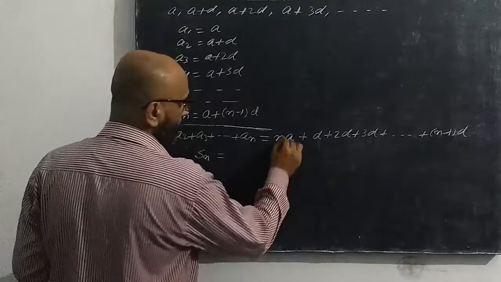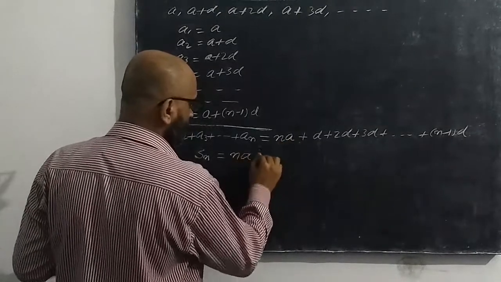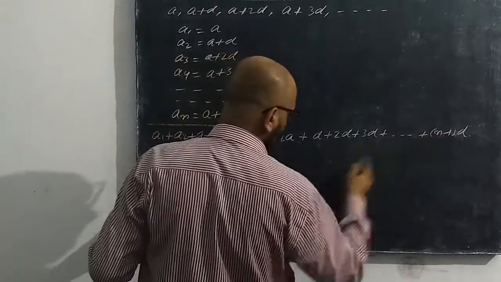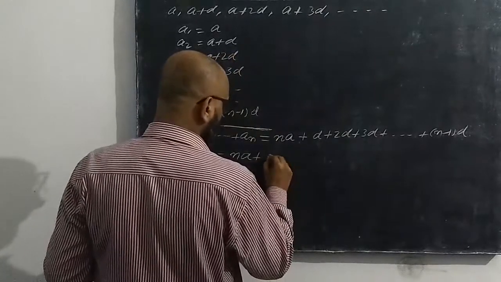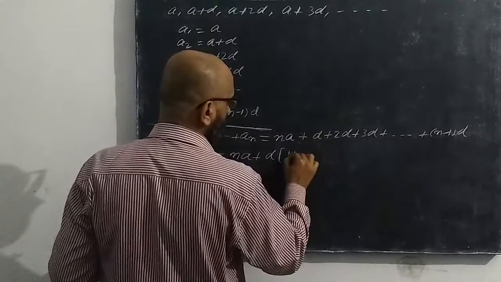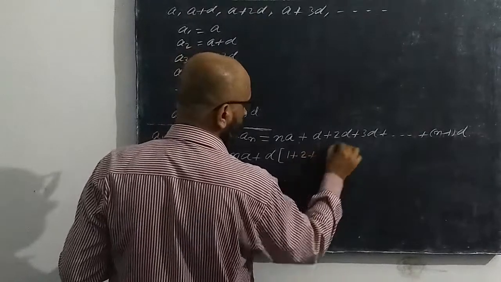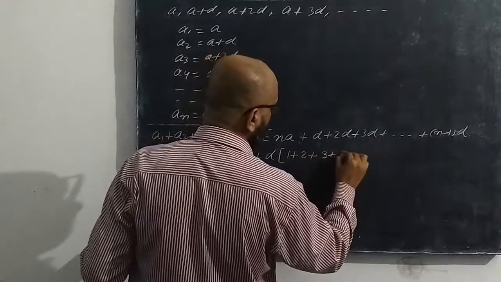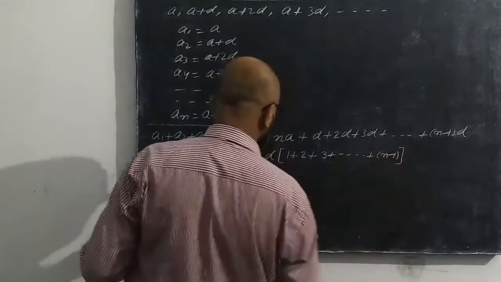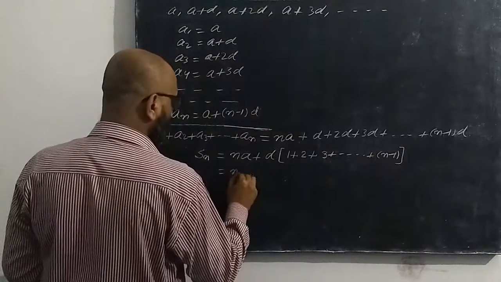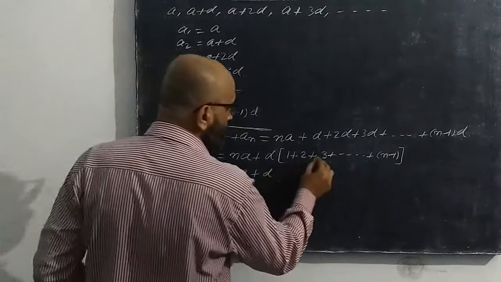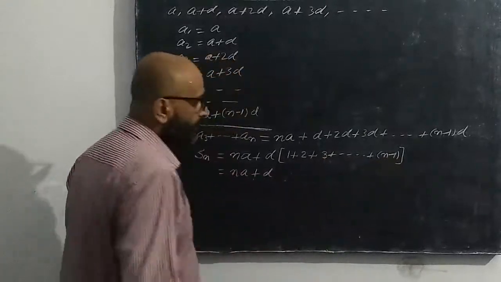On the right hand side, na as it is. If we take d common out of these terms, because obviously d is common, in the bracket we have 1 plus 2 plus 3 plus so on to n minus 1. So we have na plus d into 1 plus 2 plus 3 and so on to n minus 1.